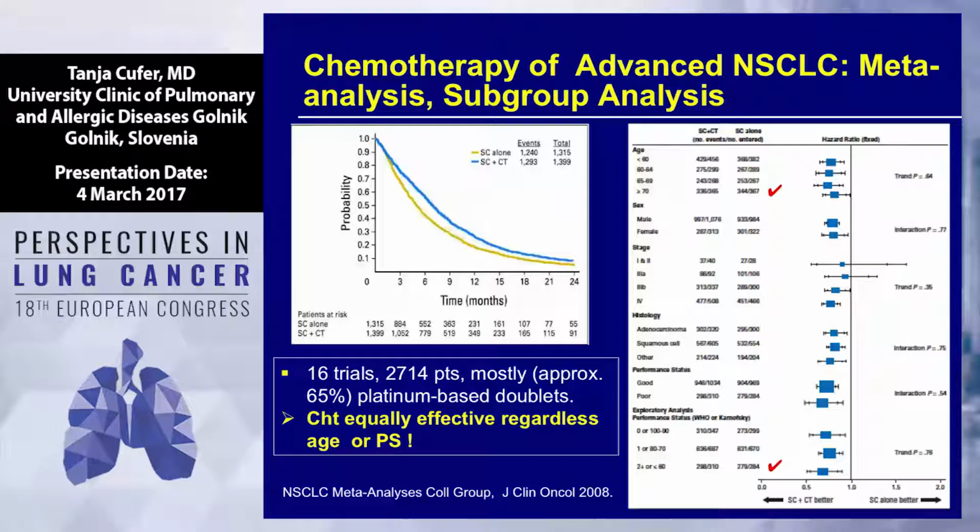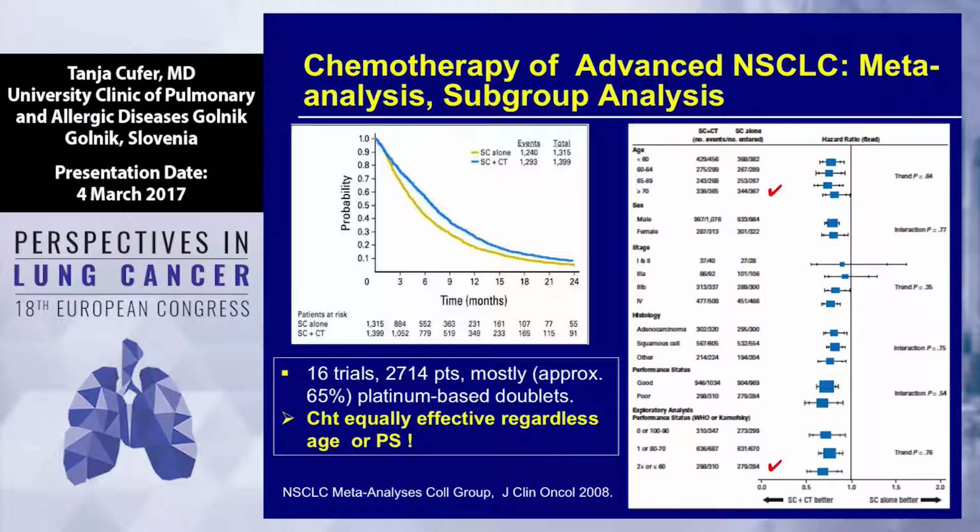What about chemotherapy for advanced disease? You all know this data very well. This was the second meta-analysis about the value of chemotherapy compared to best supportive care in advanced all-comers non-small cell lung cancer patients. Here you can see that patients older than 70 years, as well as patients with a worse performance status, performed equally well as younger patients or patients with better performance status.